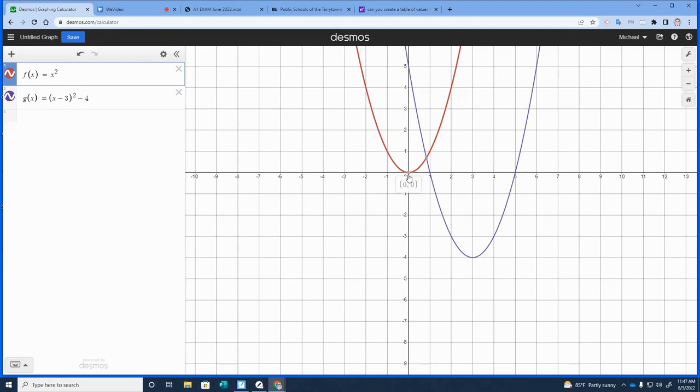Well, it's still oriented the same way. It's still open upward, but it moved 1, 2, 3 units to the right and down 1, 2, 3, 4. Right? You can see that I can click right there, and the new vertex is positive 3, negative 4. So that actually tells me almost exactly what happened.